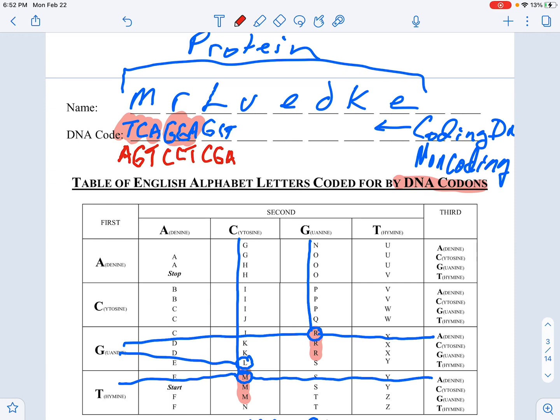Now, when you do this, what I would not do is build the coding side separate and the non-coding side separate and then try to put them together, because usually when you try to do that, the bases don't line up well.